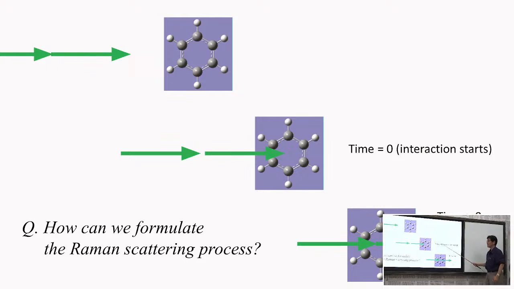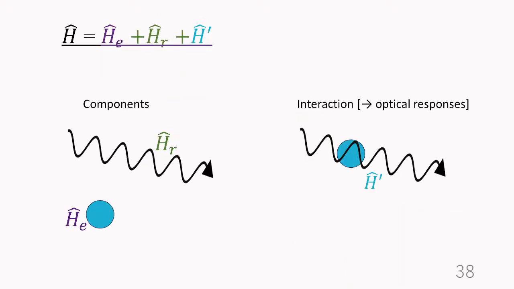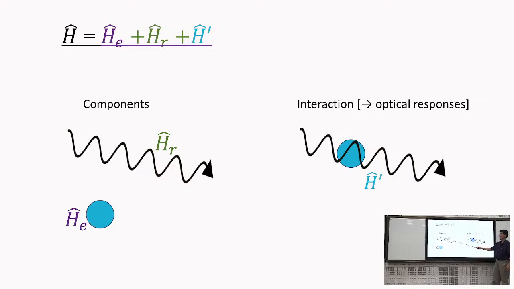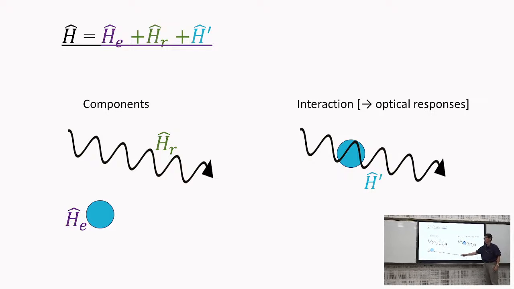Before the interaction, there is a Hamiltonian of the radiation and a Hamiltonian of the molecule, that's all. In the presence of the interaction, there is an interaction Hamiltonian, and the state changes as a function of time.